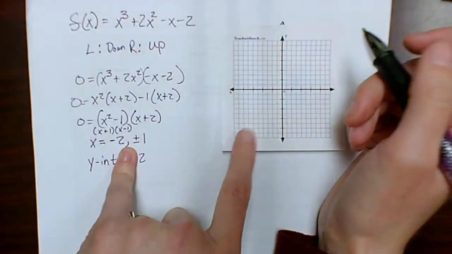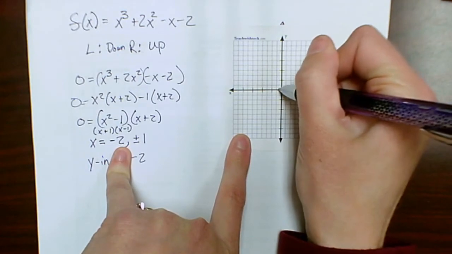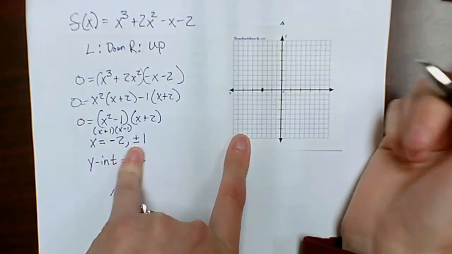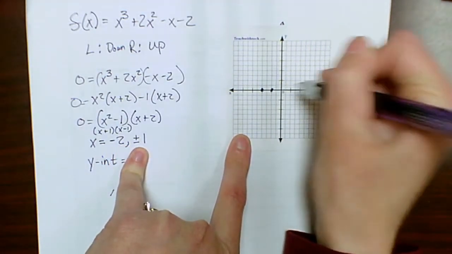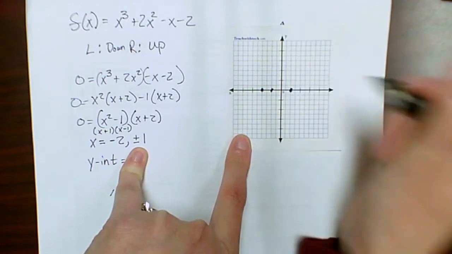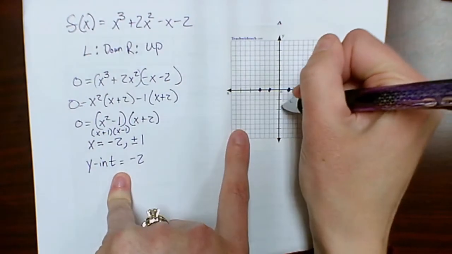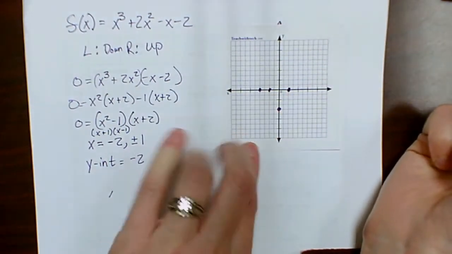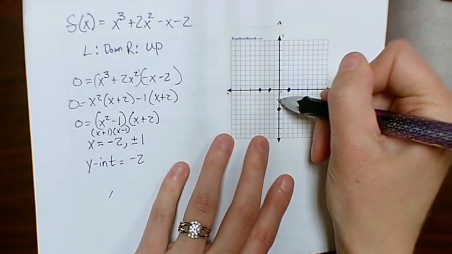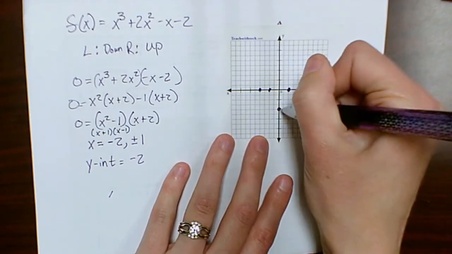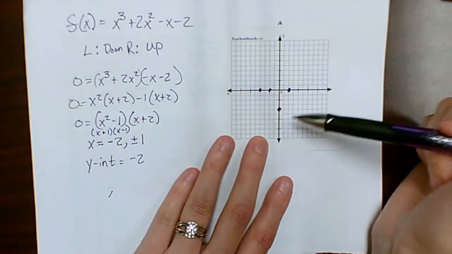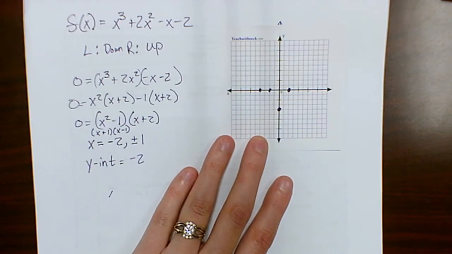At our x, we'll have negative 2. So here's negative 2. And we'll have a negative 1 and a positive 1. And none of these answers repeated. Our y-intercept's at negative 2. Okay, and each of these large tick marks is 1. So then we have our intercepts.